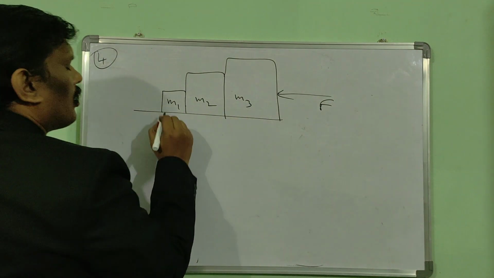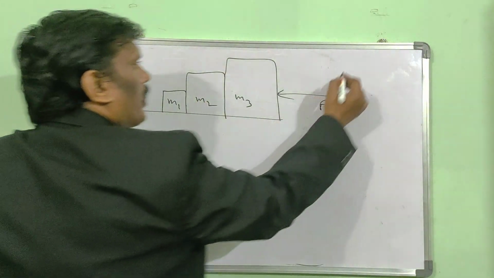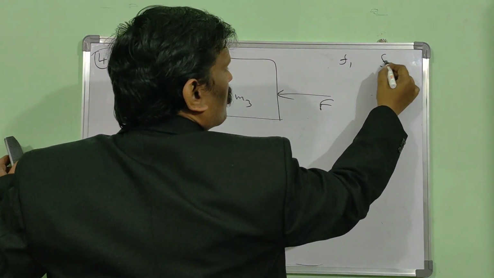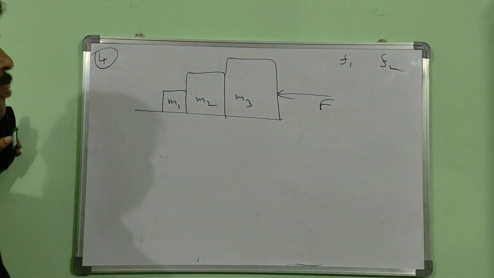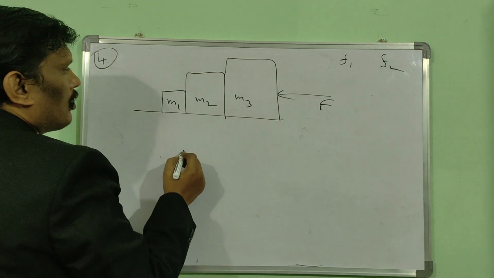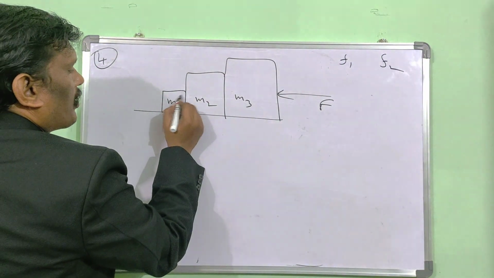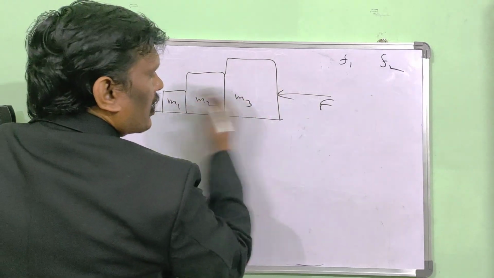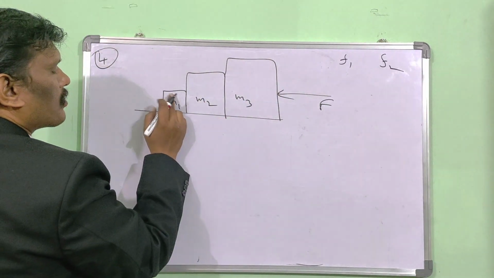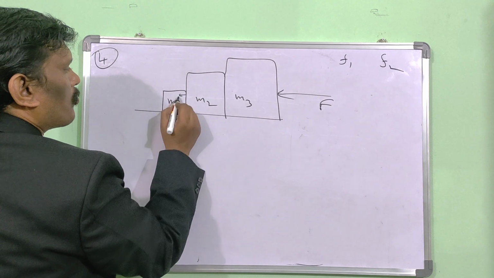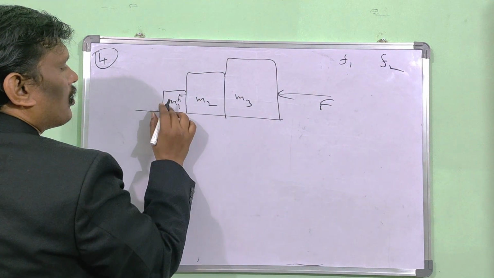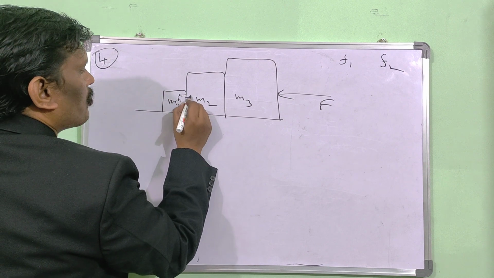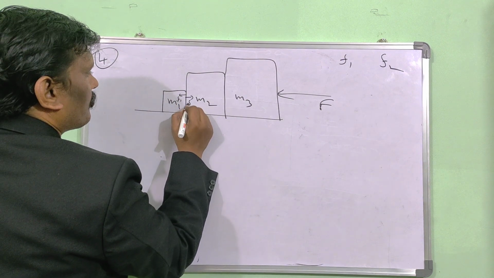Here what happened? Two contacts. At the first contact I am going to consider contact force F1. At the second contact I am going to consider contact force F2. Observe here, in the direction of force, M2 applies a contact force F1 on M1. According to Newton's law, M1 also applies a contact force on M2 in the opposite direction.